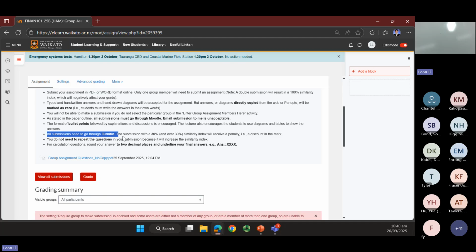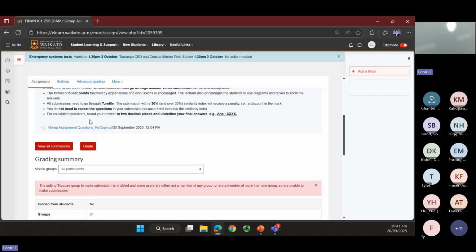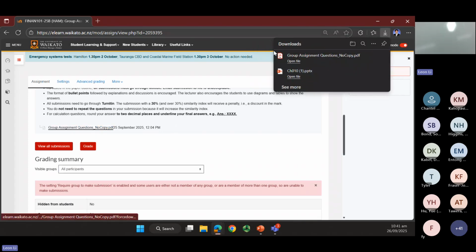It's software to detect direct copying. So you have to write the answer in your own words. If your similarity index is over 30%, you will receive a penalty. Please understand, all right?